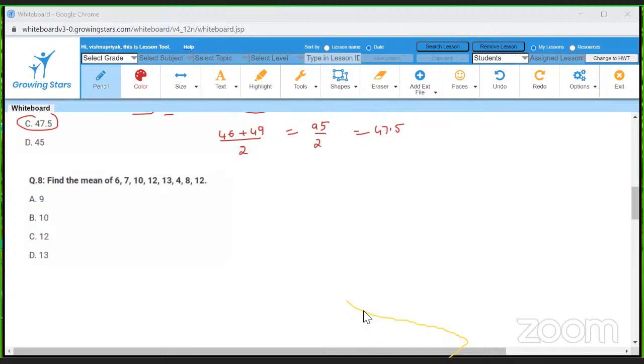Already Lohit got the answer. Lohit is saying 9. Remaining, don't copy Lohit's answer because sometimes Lohit can be wrong. So don't copy, do it on your own.